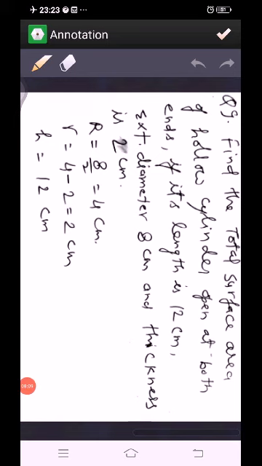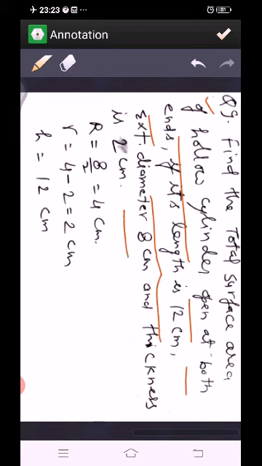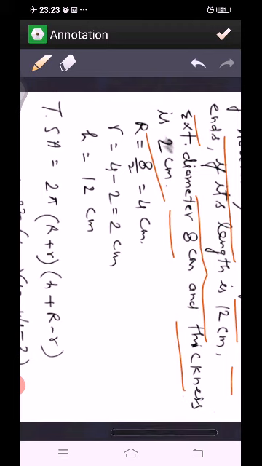Let us take question number 9. Find the total surface area of hollow cylinder open at both ends if its length is 12 centimeter, external diameter 8 centimeter and thickness is 2 centimeter. Here external diameter is given. So first we find out external radius. Radius equal to diameter upon 2.